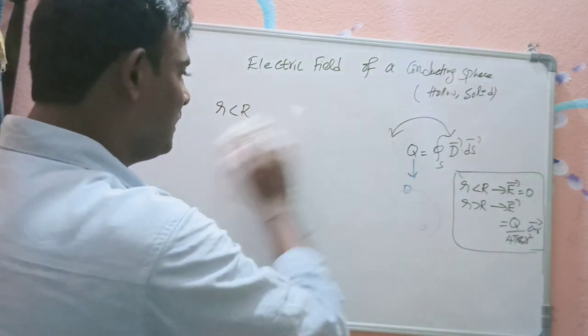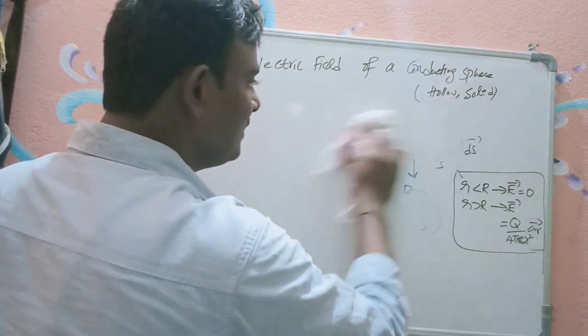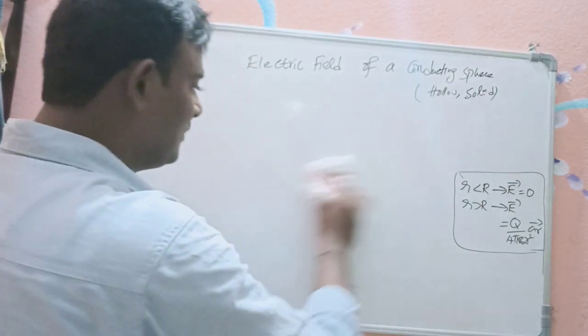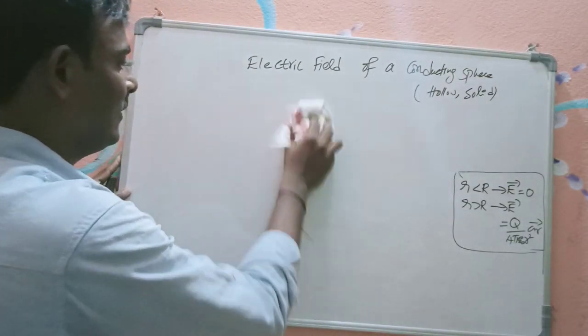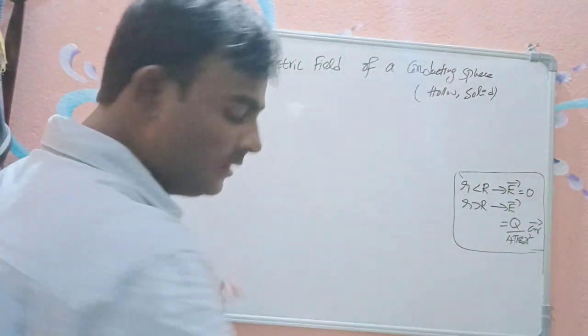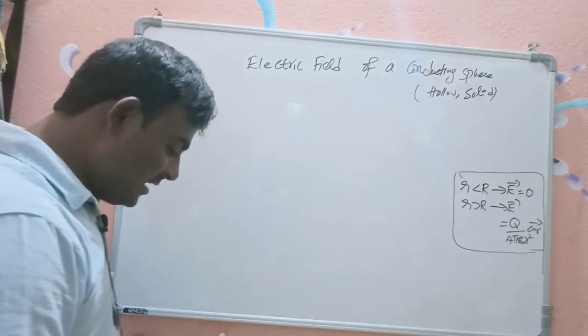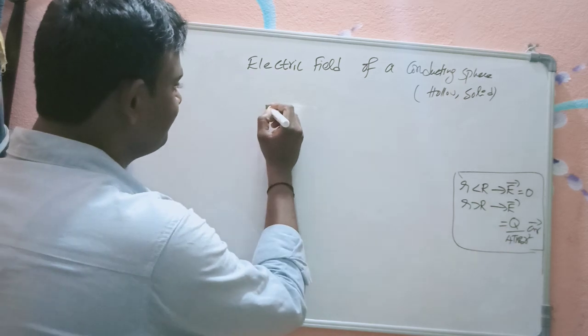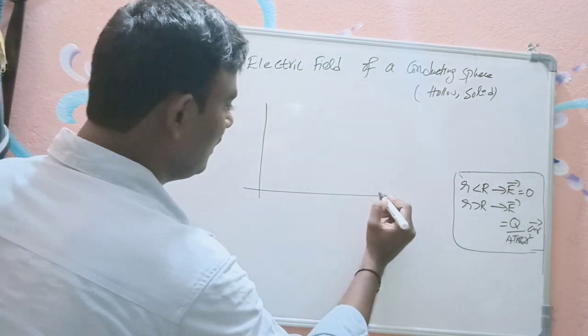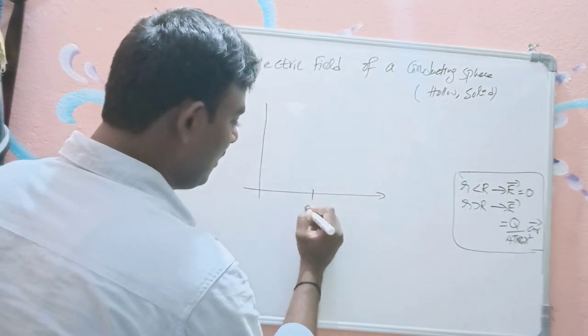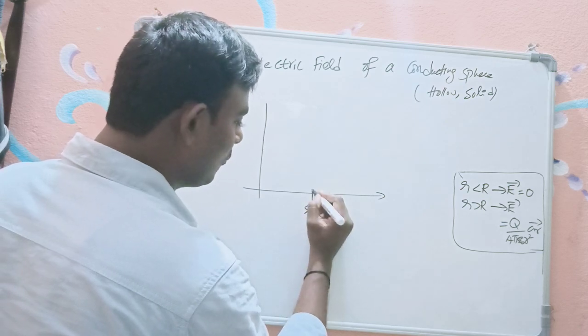Now if I draw the variation of the field on a graph with respect to radius, I want to show the variation of the field like this. Here I am considering r is equal to capital R as the boundary.